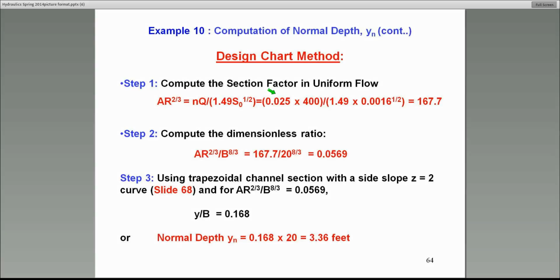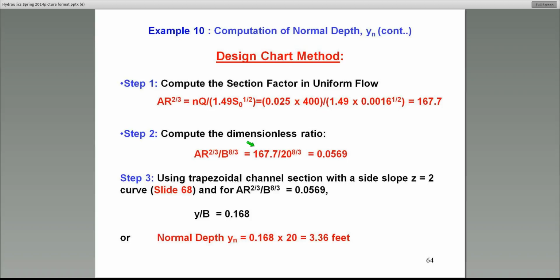In this case, 0.025 is Manning's n, Q is 400 CFS, and with 1.49 times the slope to the power of half, this gives you a section factor of 167.7. Make sure you do this calculation accurately. A lot of times you forget that this represents AR to the power 2/3, so when you calculate the dimensionless ratio right here, use the number as is. Do not take it to the power 2/3 again, okay?